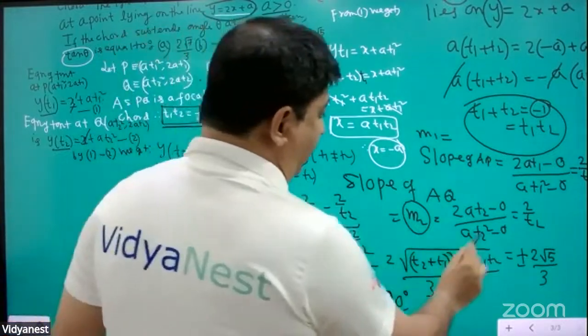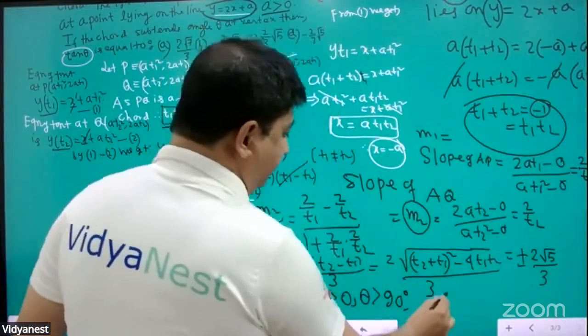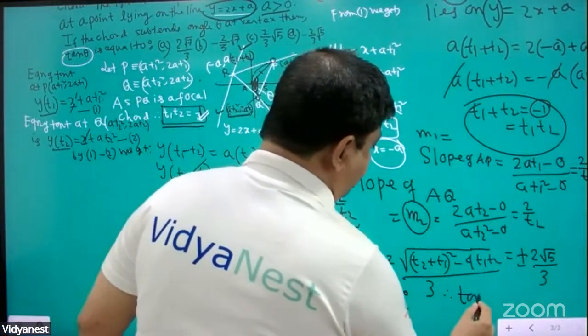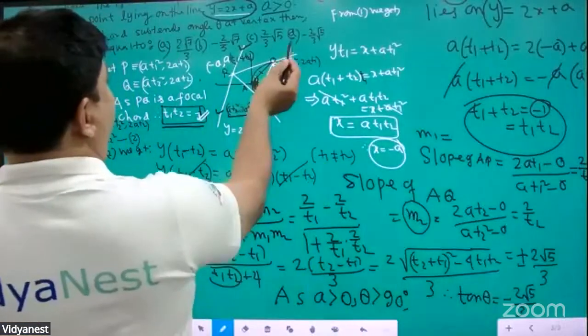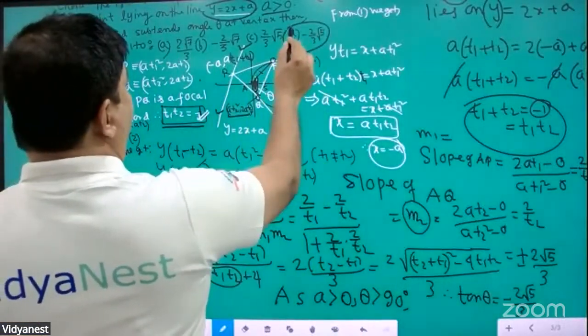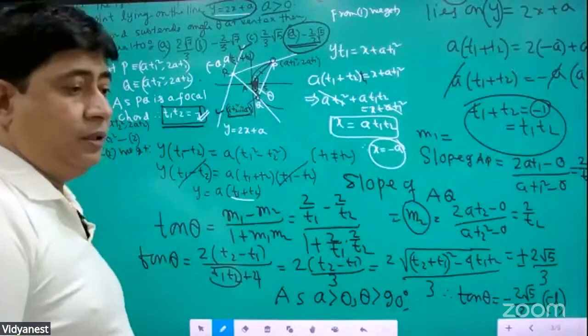So tan theta lies in the second quadrant. So I will choose minus 2 root 5 by 3, and that will take me to option D. Okay? Hope you could follow.